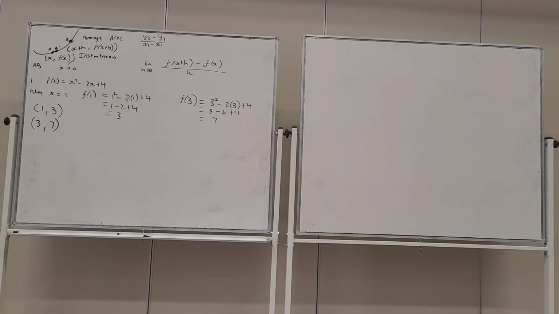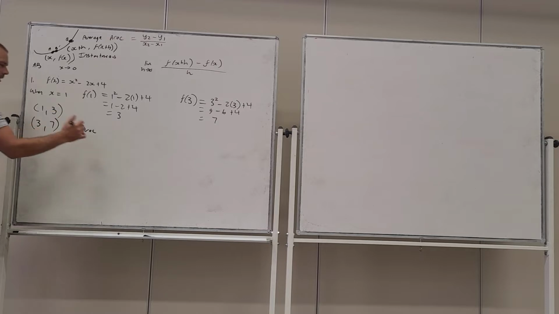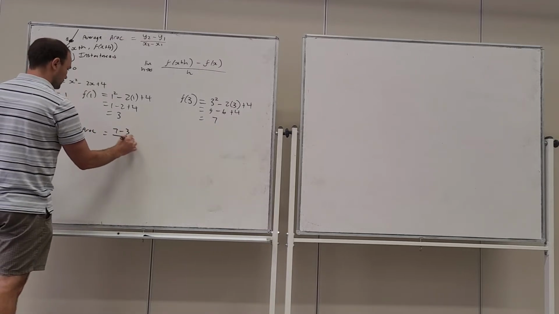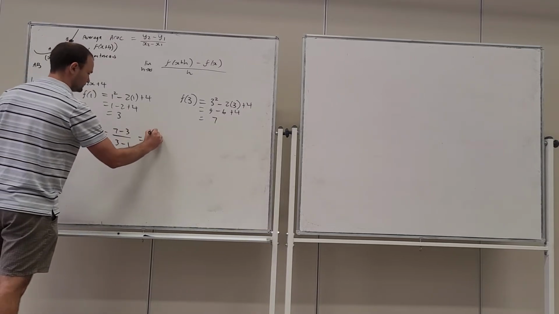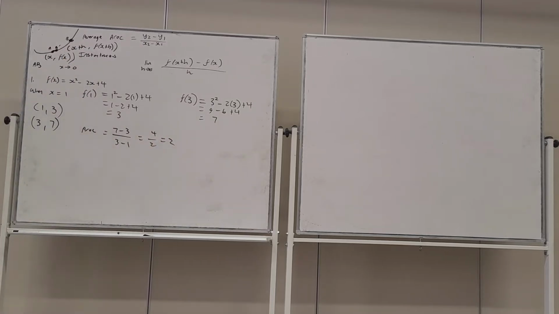When x is 1, y is 3. And now to find the slope between those 2 points, the average rate of change will just be y2 take y1 on x2 take x1. The average rate of change is 2. Over that interval, as x goes across 1, y goes up 2 on average.